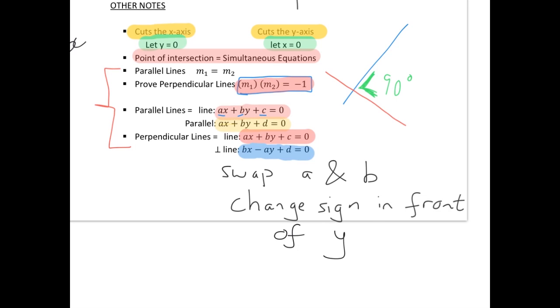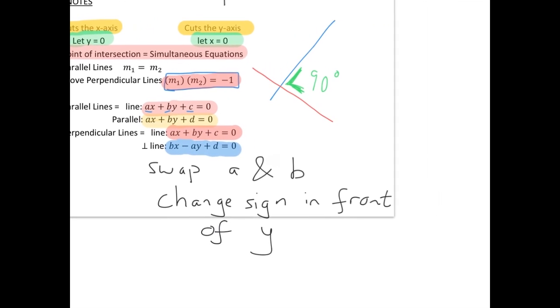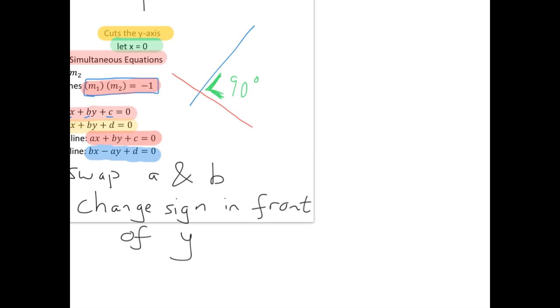So if we look at the two equations that we have here, we can see that we have ax plus by plus c equals 0, and that means our slope there is going to be equal to minus the number in front of x, a, over the number in front of y, b.